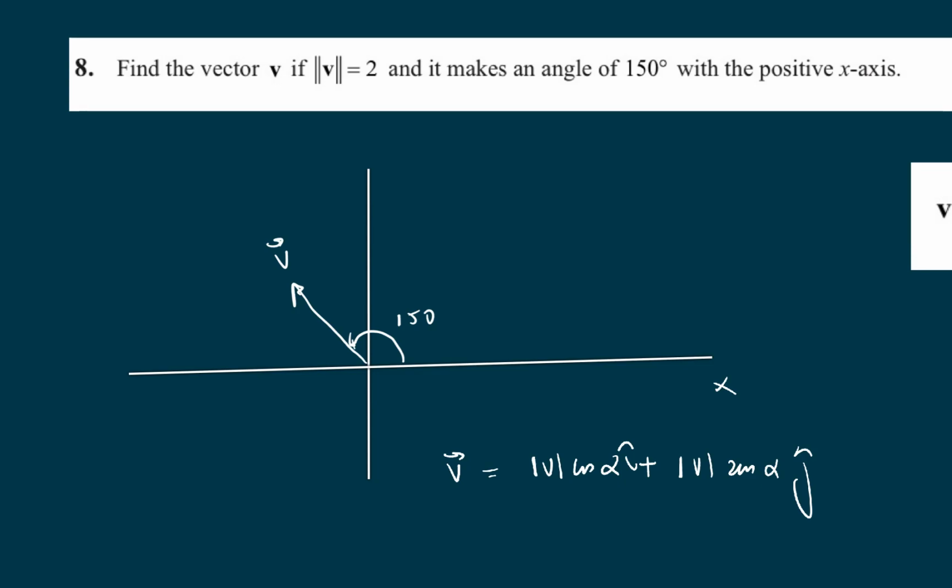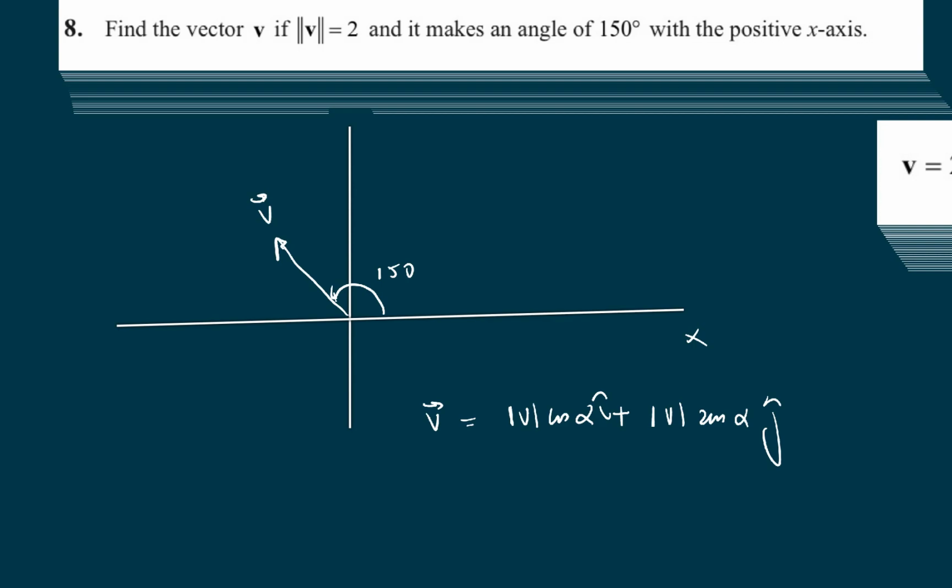Always the vector V can be written as the magnitude of V cosine of alpha I plus the magnitude of V sine of alpha J, with the detail that alpha has to be the angle that it makes with the positive x direction counterclockwise. Always counterclockwise.